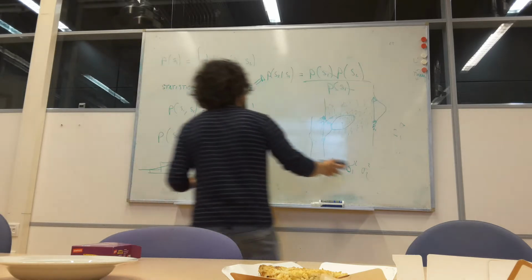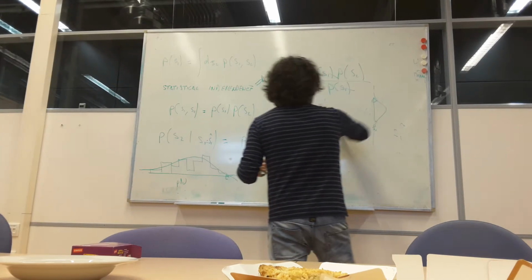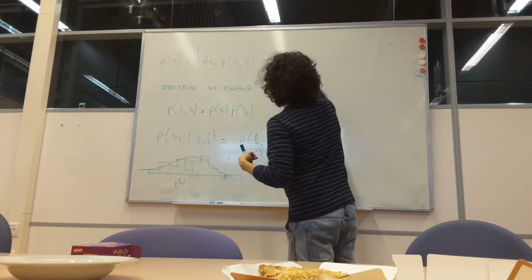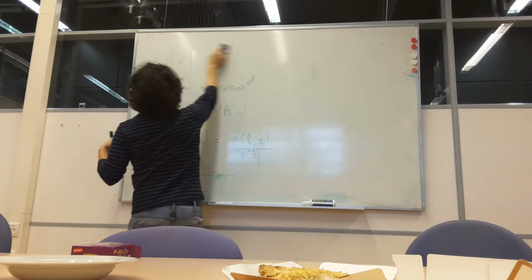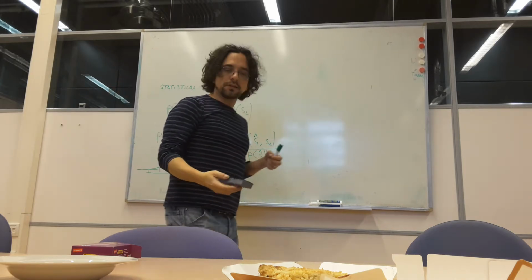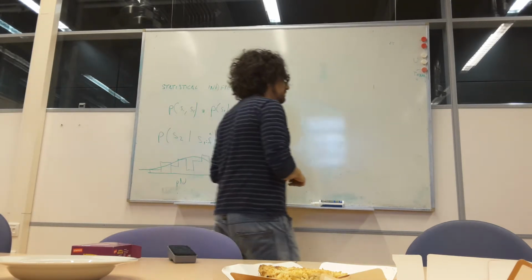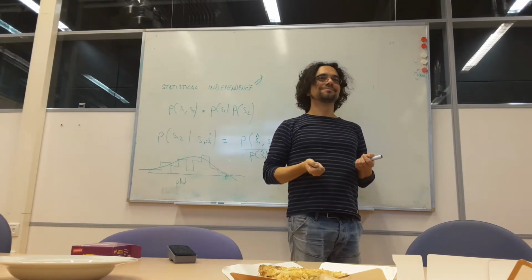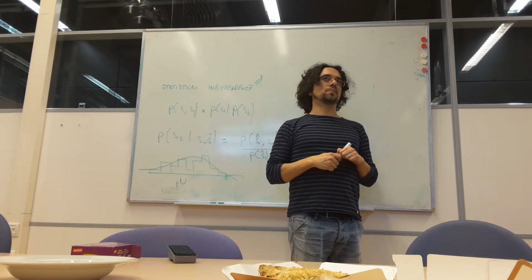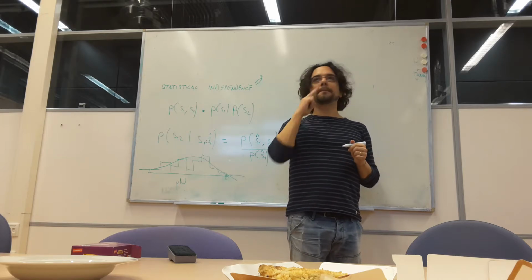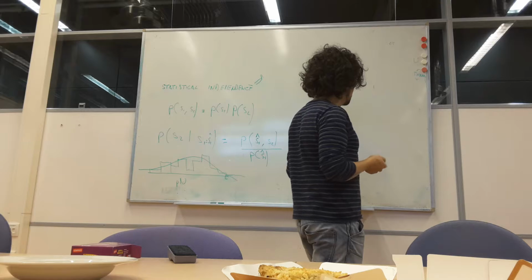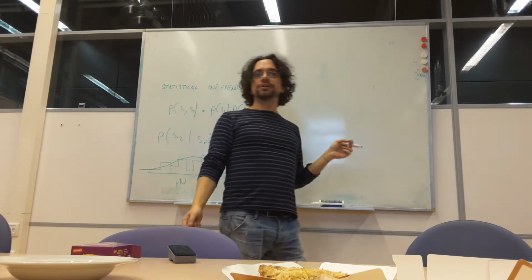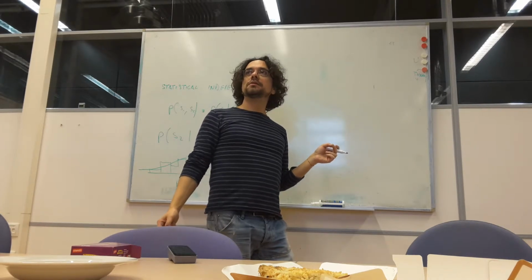Okay, and you can understand that in a very practical way in the concept of gambling. Suppose that you want to gamble on the outcome of a coin toss.